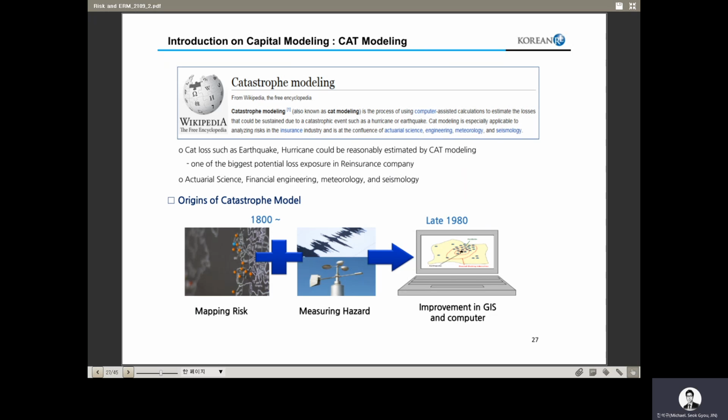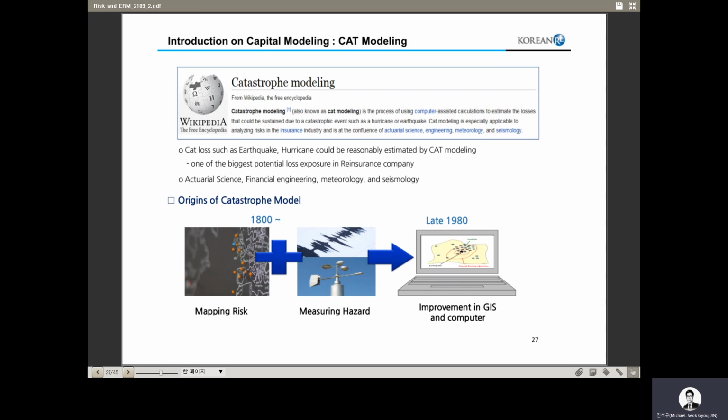One of the biggest potential loss exposures in a reinsurance company is earthquake and hurricane, so it is really important to control it through cat modeling. For cat modeling, actuarial science, financial engineering, methodology, and seismology are very important. We need to study math, statistics, weather, and earth.